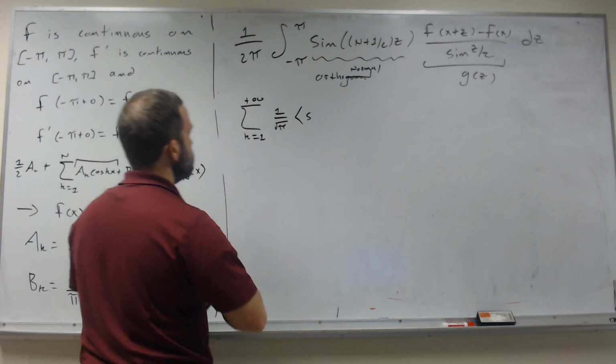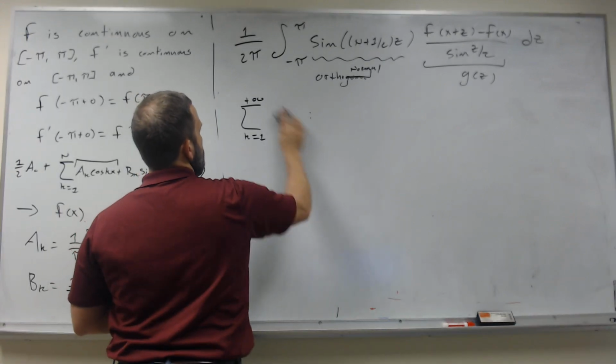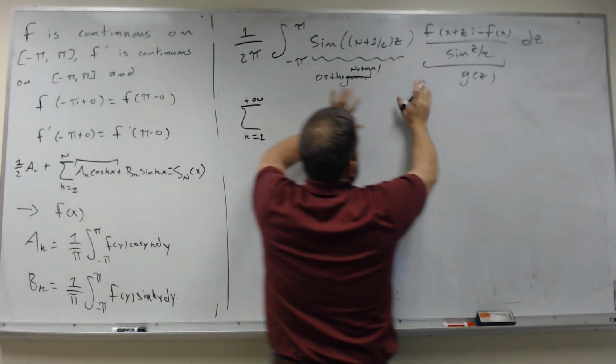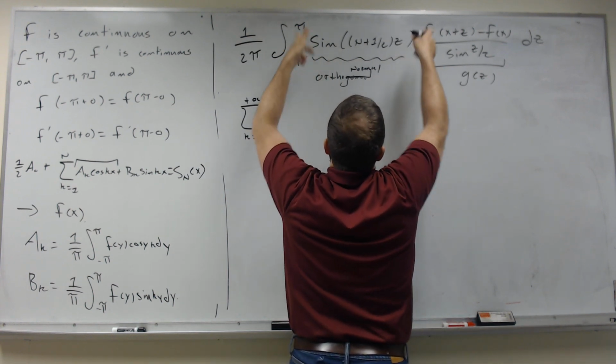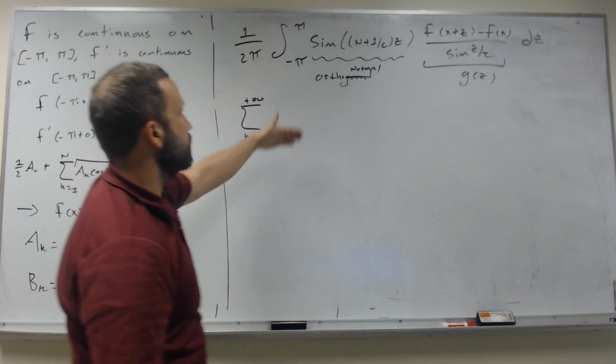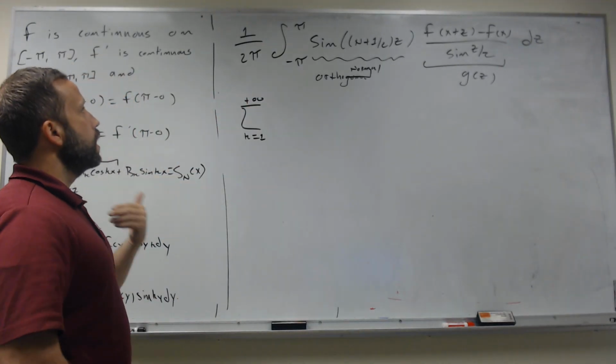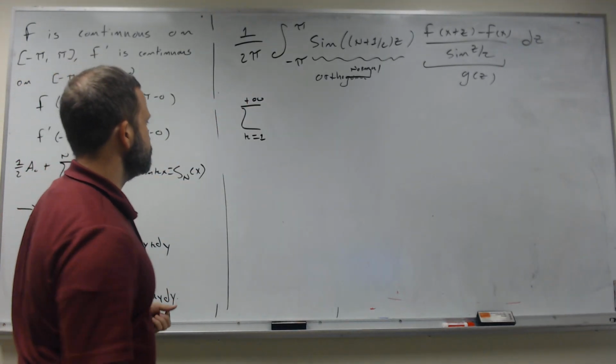So sorry, let me be clear what I'm saying. If I look at this function and square it and integrate it from minus pi to pi, the result is pi.